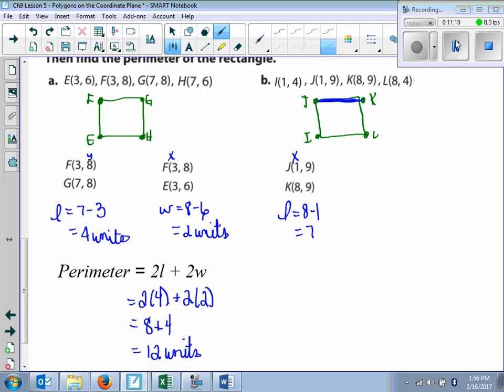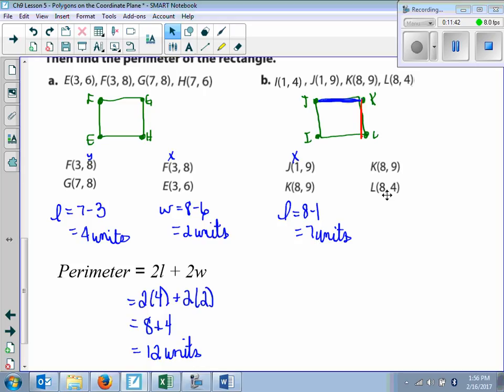Very good. All right, so now we want to find the width, right? So let's do KL. If we have KL, they have the same X value. There's K and there's L, and you can see they have the same X value.